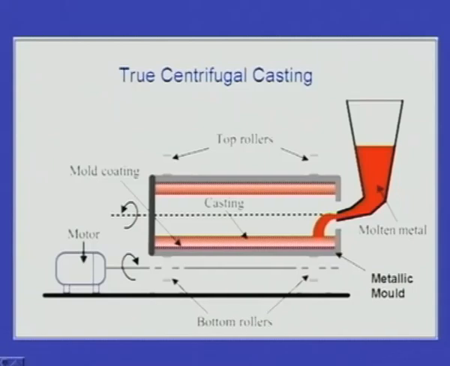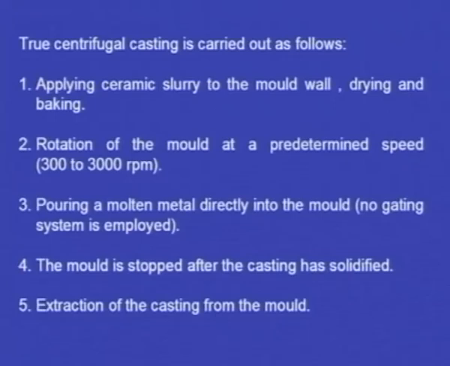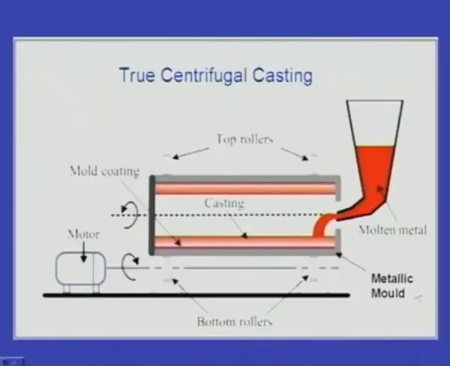Let us see the step by step procedure. First one, we have to apply ceramic slurry to the mold wall. So this is the mold, and here we have to apply ceramic slurry, because the molten metal should not stick to the metallic mold.